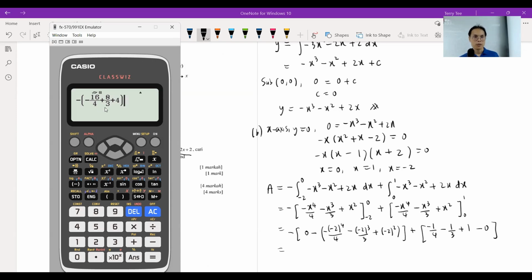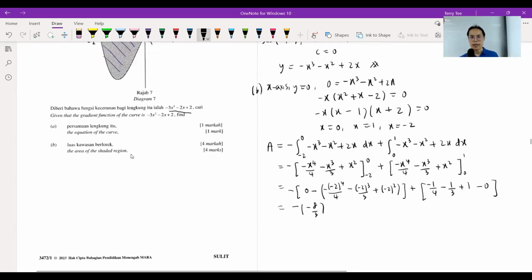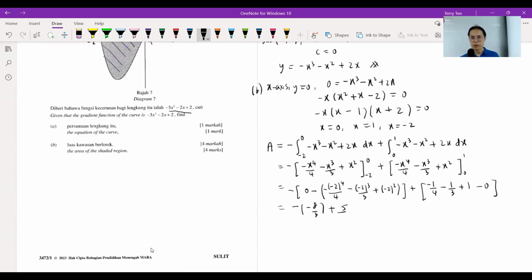So this itself negative 8 over 3, right? So it's a negative with the negative 8 over 3. And the second one, I'll just change this to negative 1 over 4 minus 1 over 3. Then you plus 1. You should get 5 over 12.